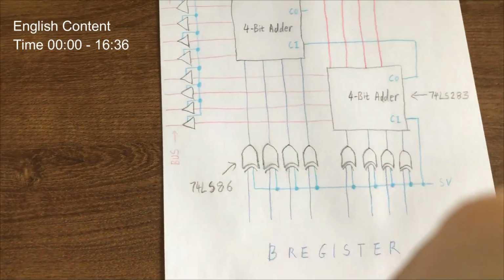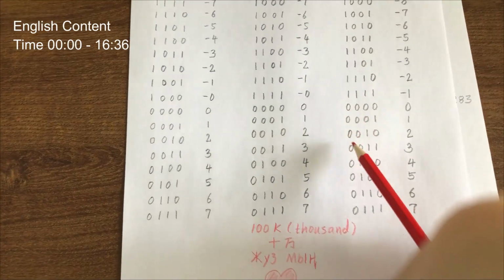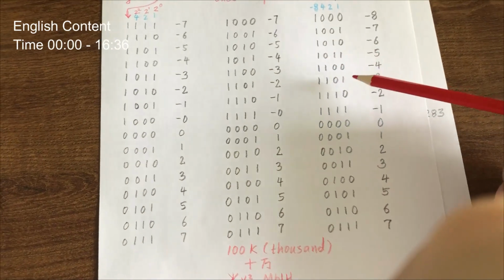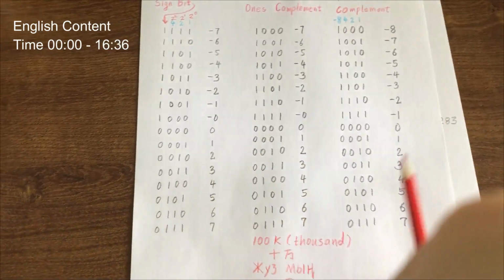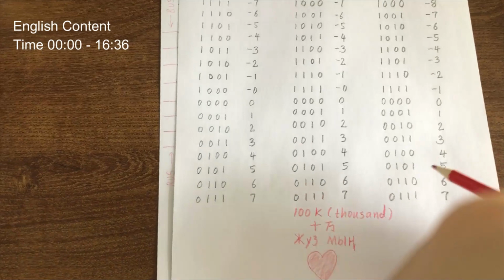What that means is when we turn a positive number into its negative, its complement, we just need to invert every single bit and add 1.